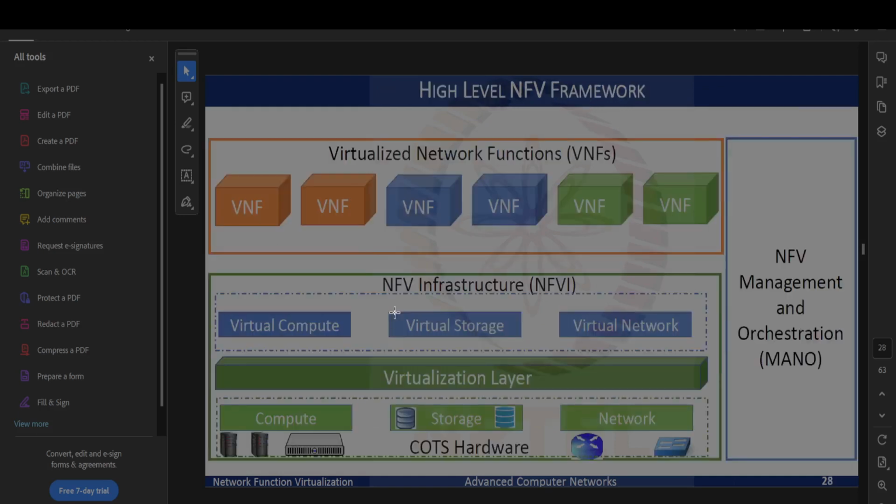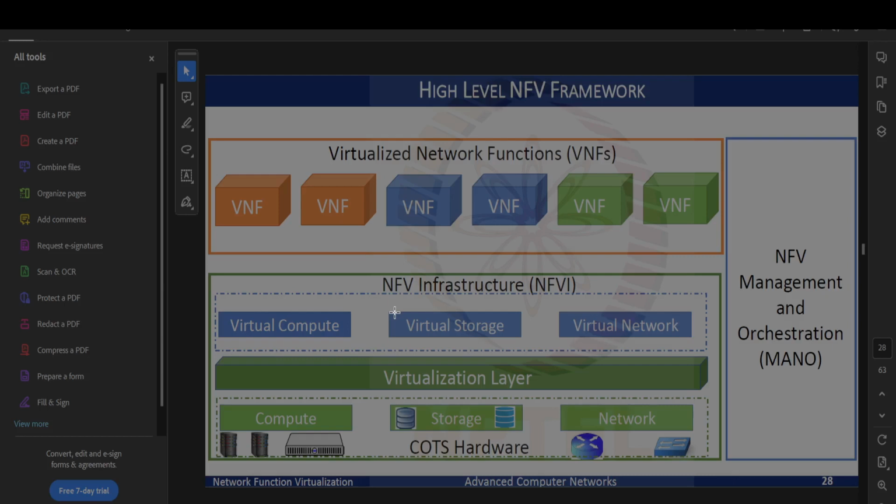Then the typical simple architecture of an NFV is, as we have been telling, we have the underlying commodity hardware: compute, storage, and network. Then this is the virtualization layer or the hypervisor. It will take care of virtualizing the underlying hardware devices.